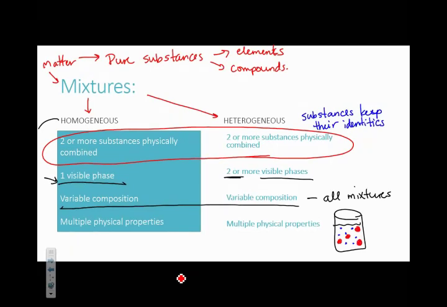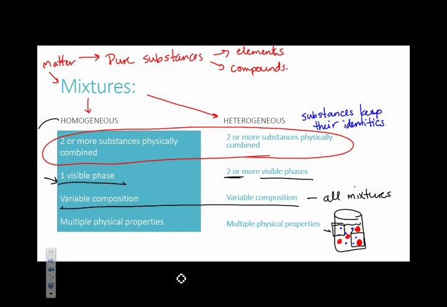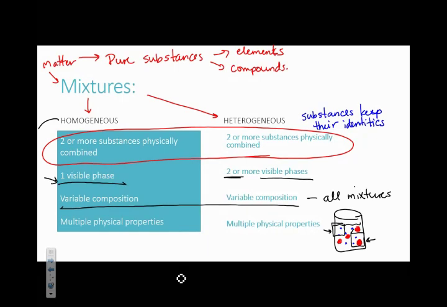Now let's think about taking a sample out of that mixture. Let's say if I sampled right here versus if I sampled right here. See how I would get 2 different compositions? In one case, up here, I have 2 blue atoms and no red atoms. And in here, I have 2 blue atoms and 1 red atom. So my composition is variable throughout the mixture.